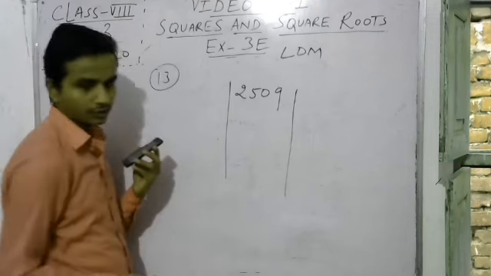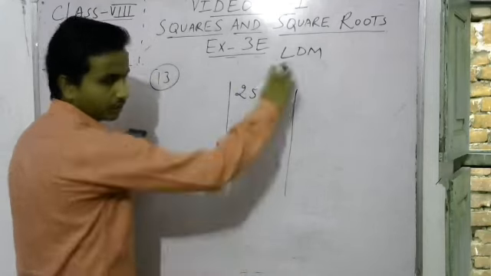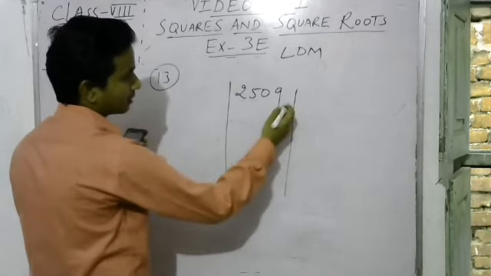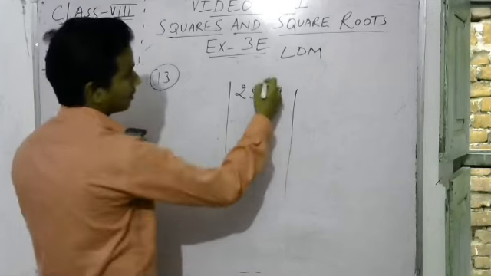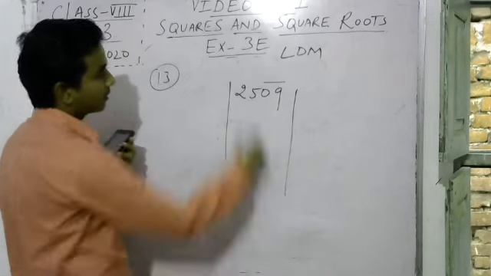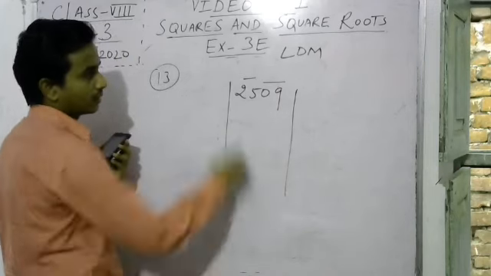So how to find the square root? First of all, put a bracket like this and start making pairs from the left. This is a 2-digit pair and this is a 2-digit pair.